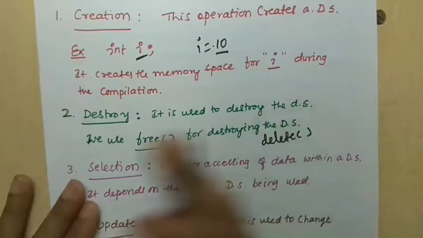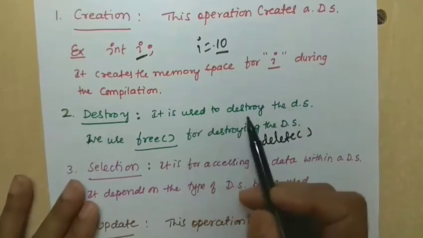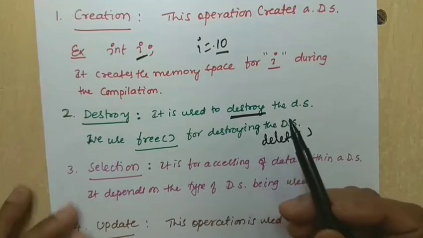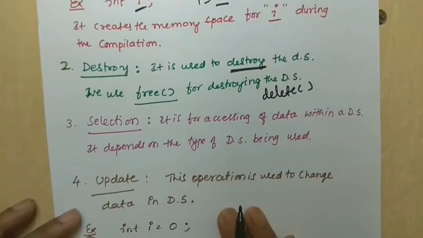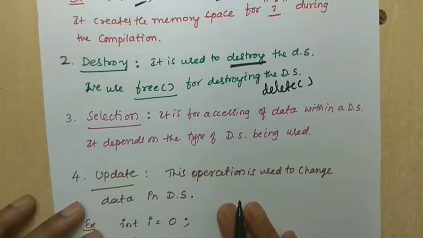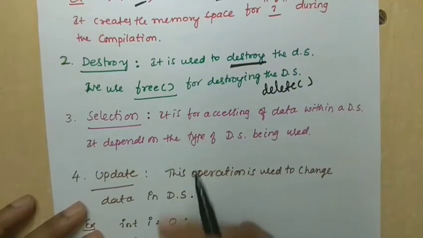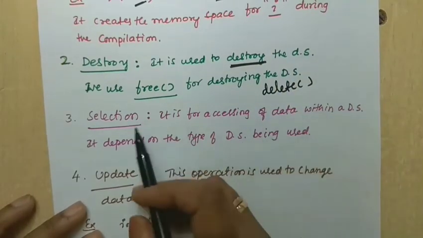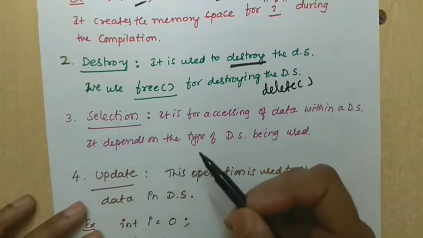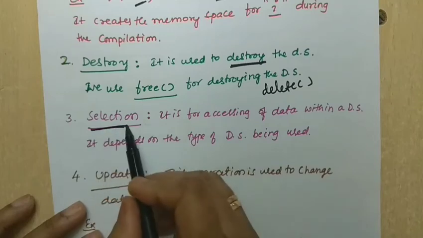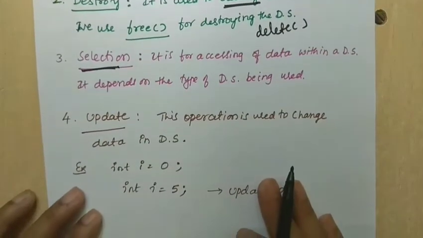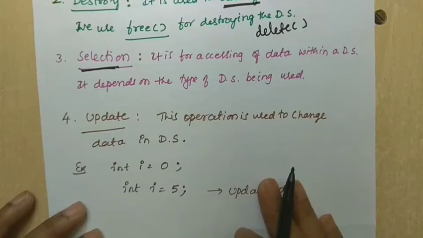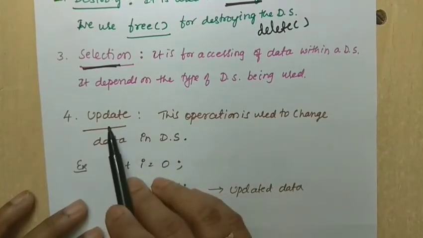I can totally remove it from memory; that is called destroy. To perform some operation, I want to select some numbers like 10, 20, 30. That process of accessing the data is called selection. One more operation of primitive data structure is called update.